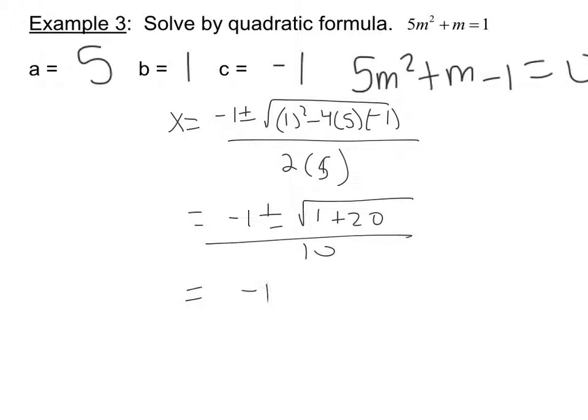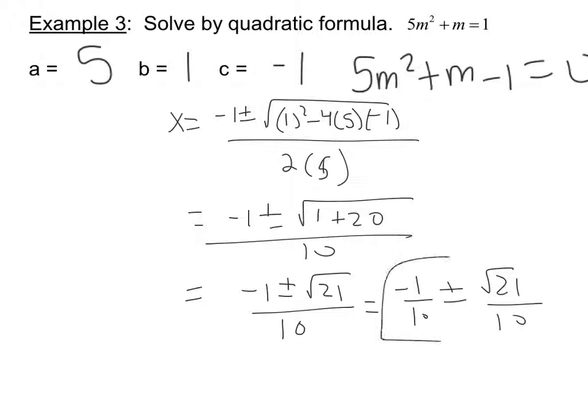So you get negative 1 plus or minus square root of 21 over 10, which would be negative 1/10 plus or minus square root of 21 over 10. I can't simplify anything, so we're done. So let's take a look at another one.